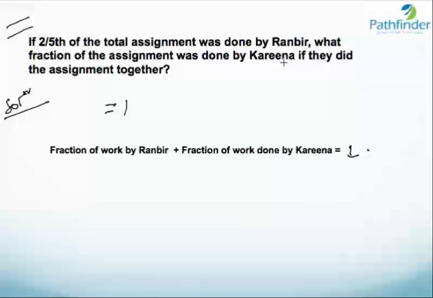So if 2/5 of the total assignment was done by Ranbir, we can write 2 by 5 plus, let us assume that the fraction of work done by Karina is k, must be equal to 1. And on simplifying this, we get the value of k as 1 minus 2 by 5, or k, the fraction of work done by Karina, is equal to 3 upon 5.